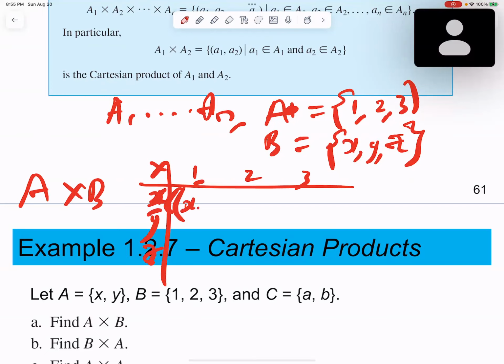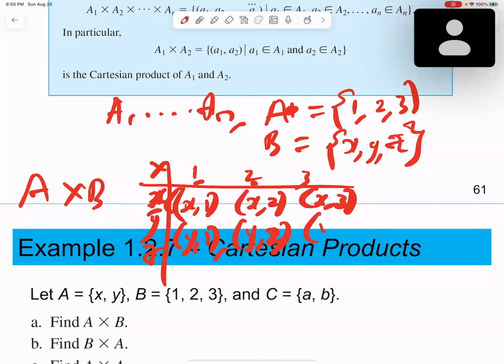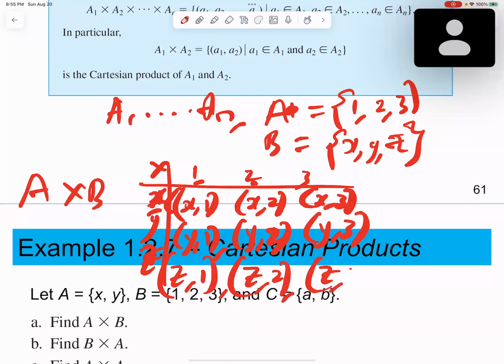X1 is (X, 1), (X, 2), (X, 3). Inside the table, I am using parentheses. (Y, 1), (Y, 2), (Y, 3), and that's Z here. So (Z, 1), (Z, 2), (Z, 3).